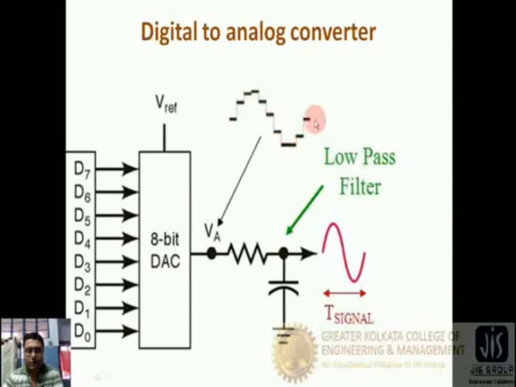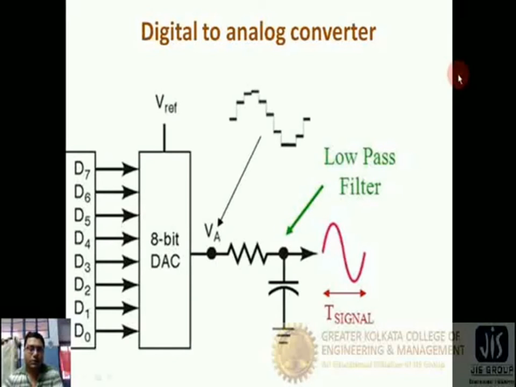All the high frequencies are grounded, and the low frequencies will be transmitted to the output. With the help of this low pass filter, we recover the analog signal from a digital signal. It is a recovery process of an analog signal from the digital signal, or simply the digital to analog converter.